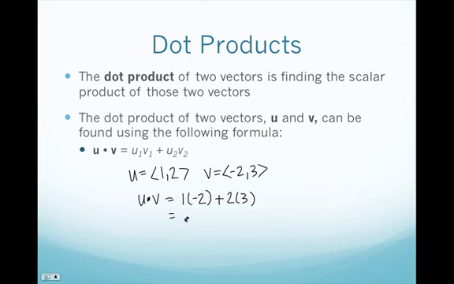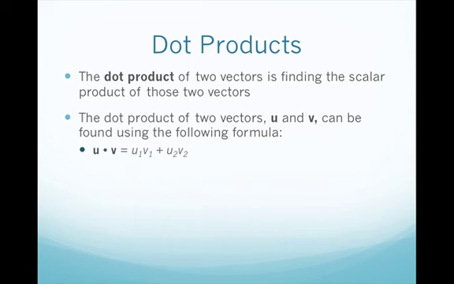So this would equal -2 plus 6, which would equal 4. So our dot product of u and v equals 4. So like I said, this is a number. It's always going to be a number, not a vector. We're not multiplying the two vectors together. We're finding the scalar product or the dot product of these two vectors.